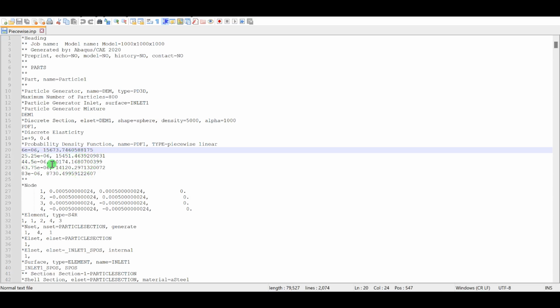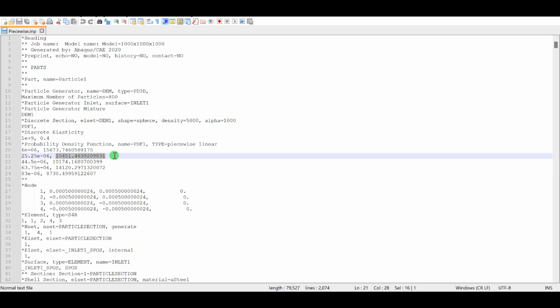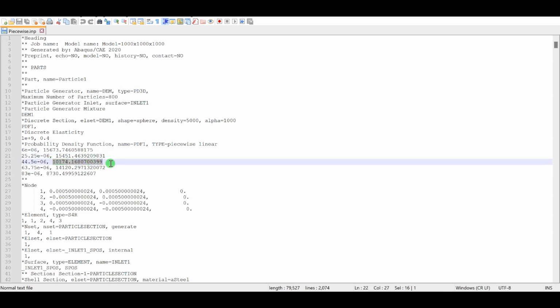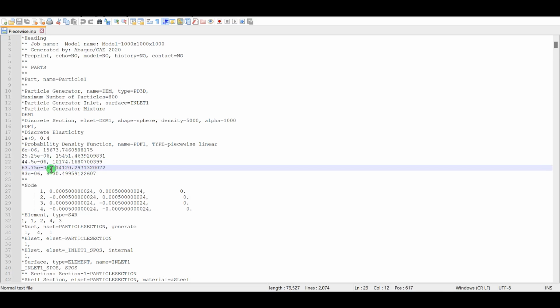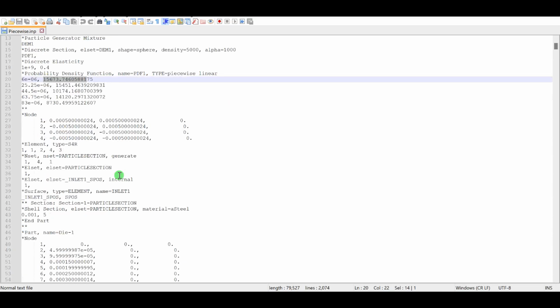But for this one we use the radius values and the probability function of each radius. So we have 5 points and 5 probability values for each point, and the rest of the input file is the same.